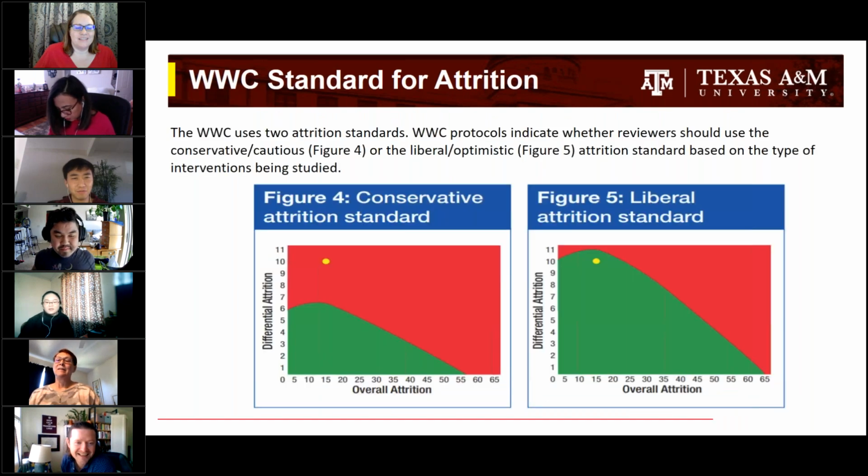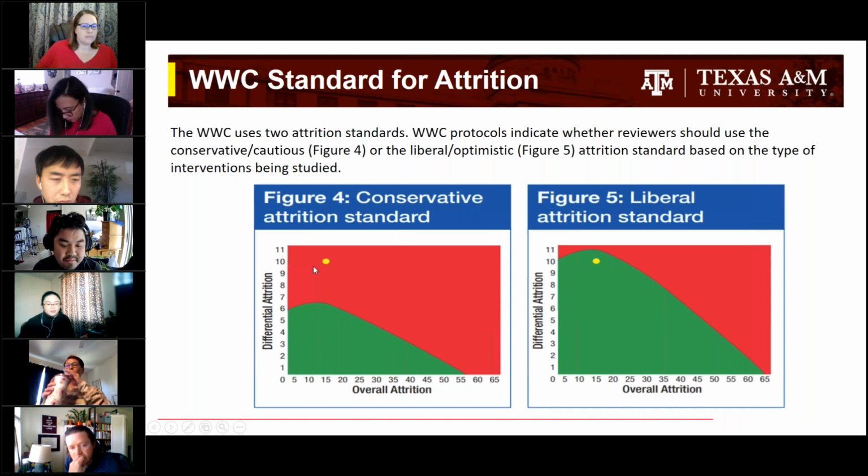Okay. So WWC used two attrition standards: one is the conservative attrition standard, the other is the liberal attrition standard. When you see the yellow dot here, with 15% overall attrition and 10% differential attrition, if WWC applies the conservative attrition standard, this yellow dot is located in the red zone, which will be rated as high attrition.